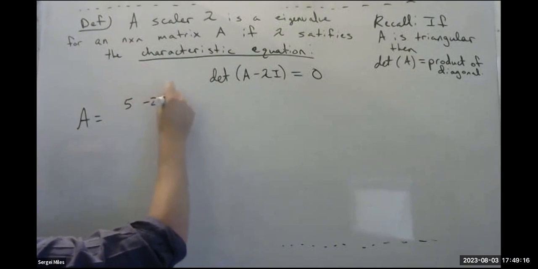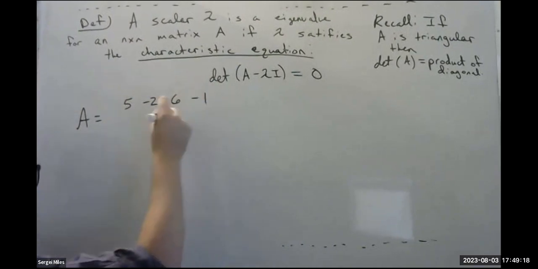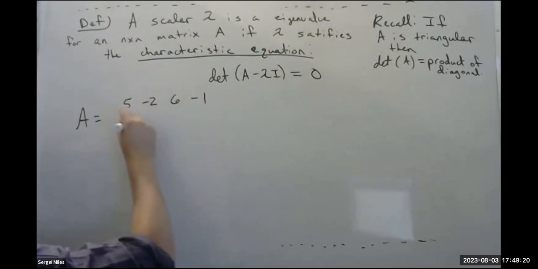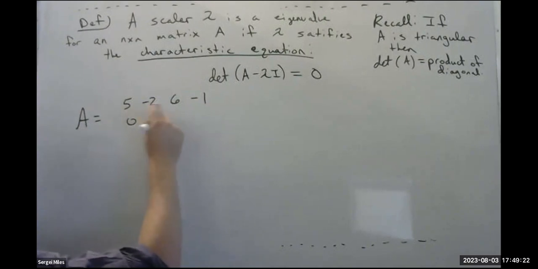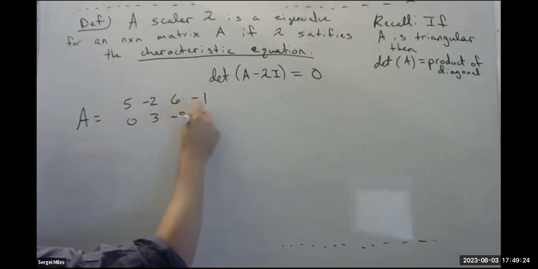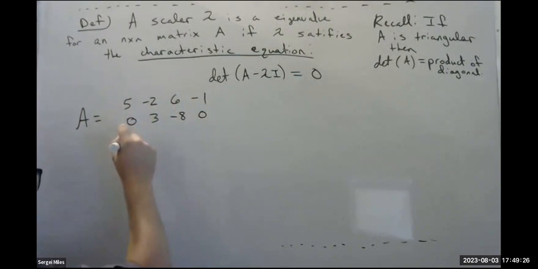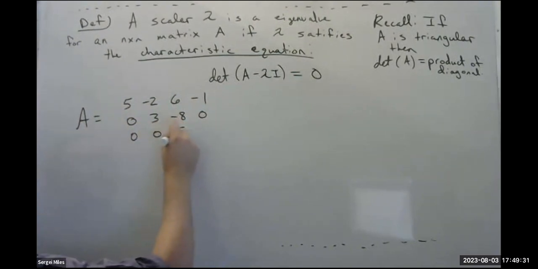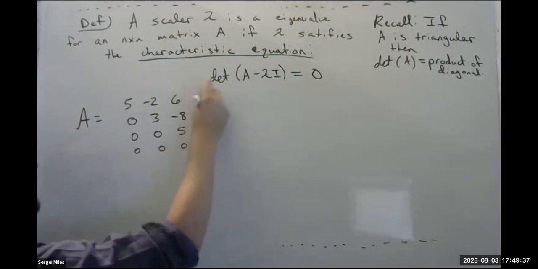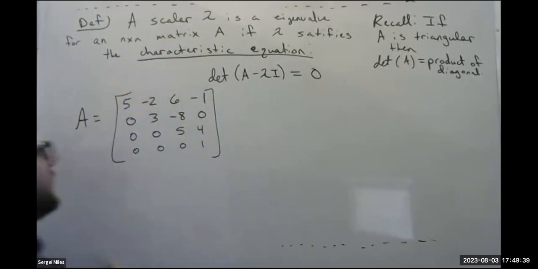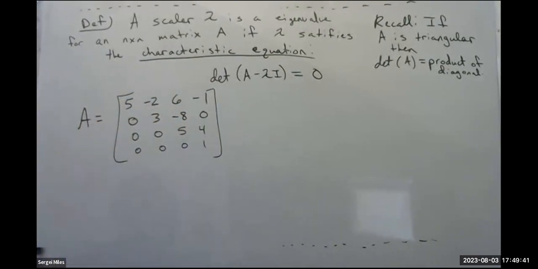5, -2, 6, -1, 0, 3, -8, 0, 0, 0, 5, 4, and 0, 0, 0, 1. Now, lucky for us, this matrix is triangular.